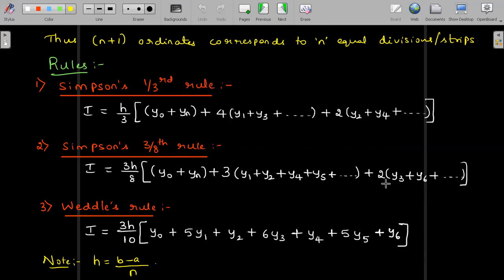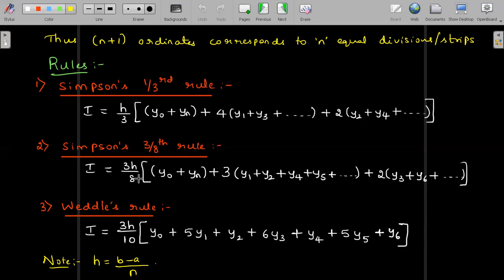Then we have 2 times the multiples of 3: y3, y6 are all multiples of 3. And then 3 times y1 plus y2 plus y4, all the other remaining terms. In that manner, we can easily memorize the formula for Simpson's 3/8 rule.